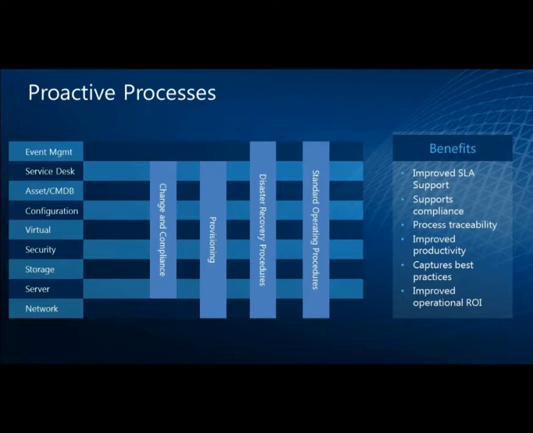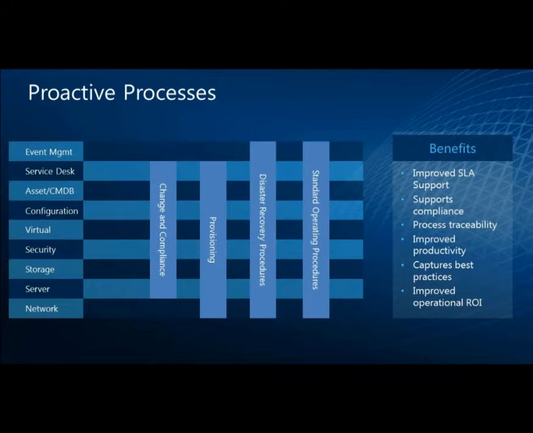From a proactive standpoint, proactive processes, very simply, let's look at them from a standpoint of standard operating procedures. These are the things that have to be done every day, every week, every month for an organization, whether you're running a data center, you're running your private cloud. And proactive processes with automation in place allow us, again, to improve that SLA support because we're ensuring those things happen on a regular basis so that our systems are operating at their optimal level.